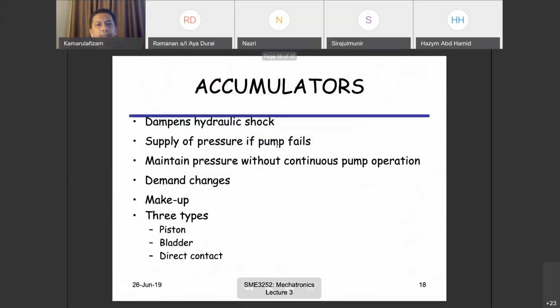Accumulator dia, of course, dia macam temporary buffer daripada minyak, daripada reservoir ataupun daripada oil sump. Bila you pump kepada actuator, you need some kind of accumulator to, I would say, buffer dia punya pressure.